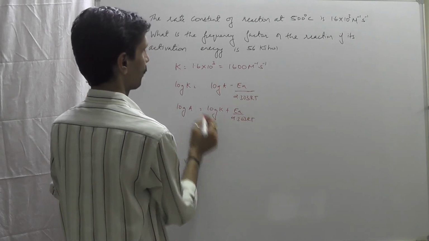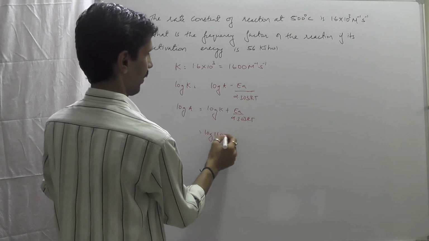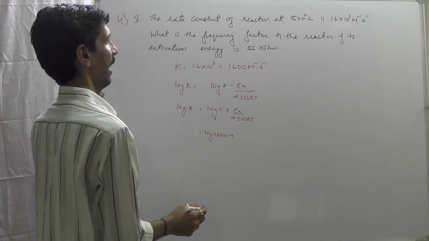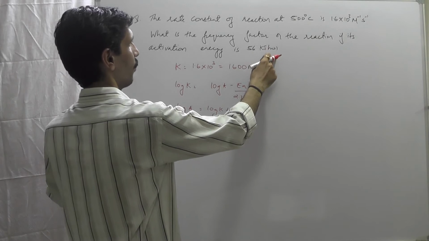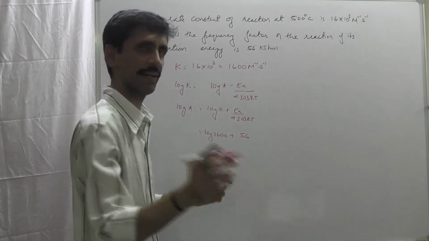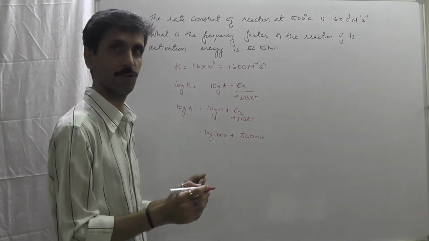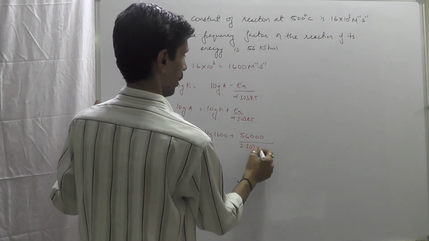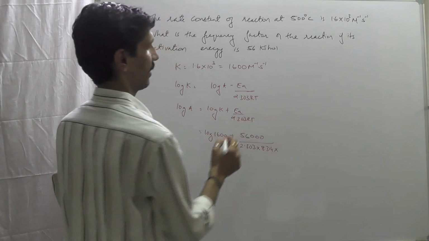So that is equal to log of K, log of 1600, plus EA, energy of activation, how much is given, 56 kilojoules per mole, this much is given. Then to convert kilojoules into joules, you know well, it is multiplied by 10⁻³ divided by 2.303 into 8.314 into the temperature.